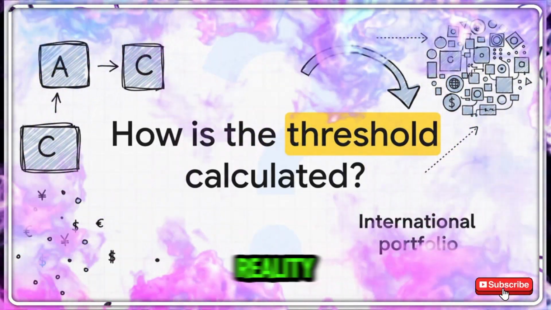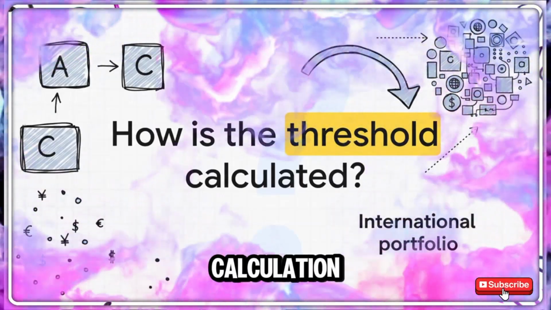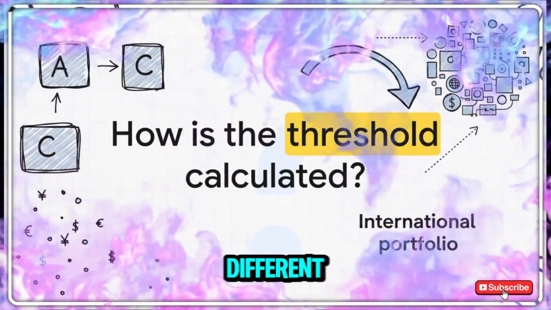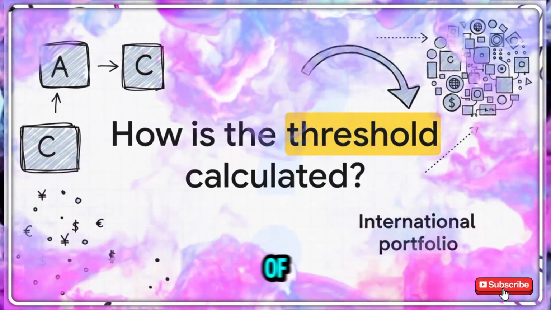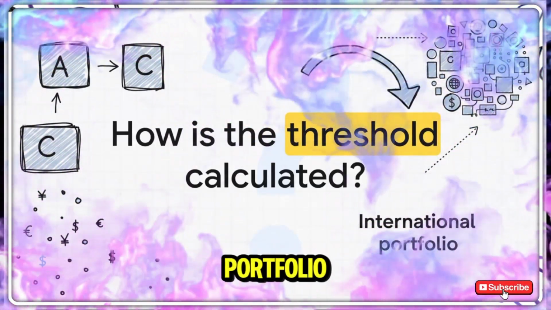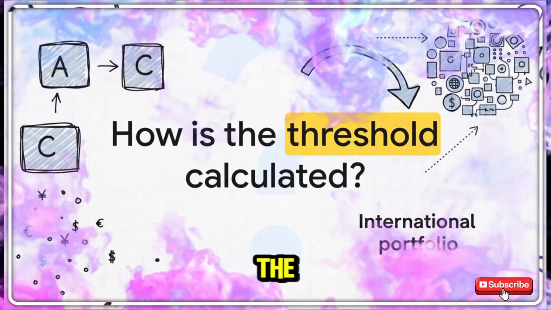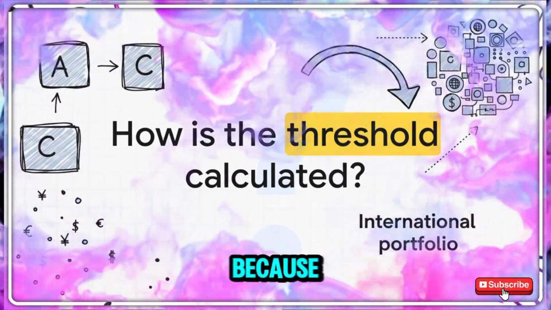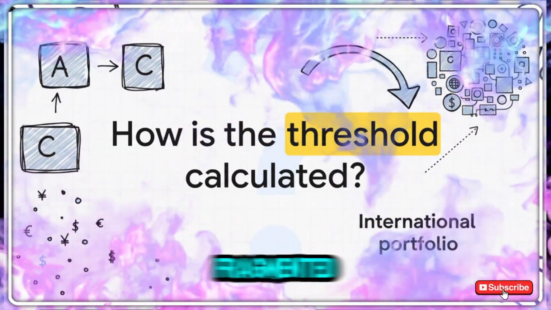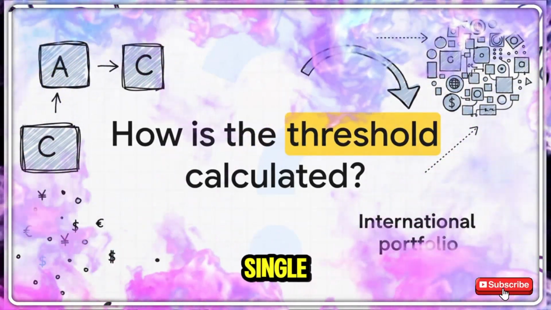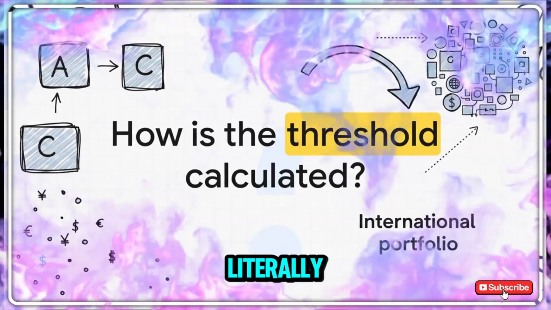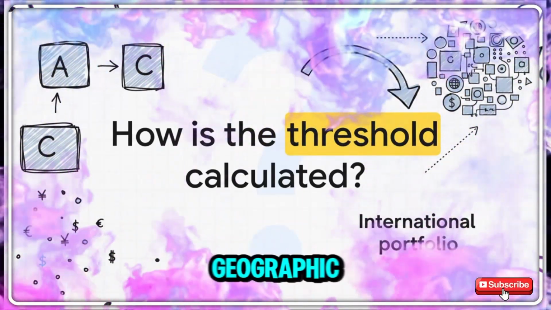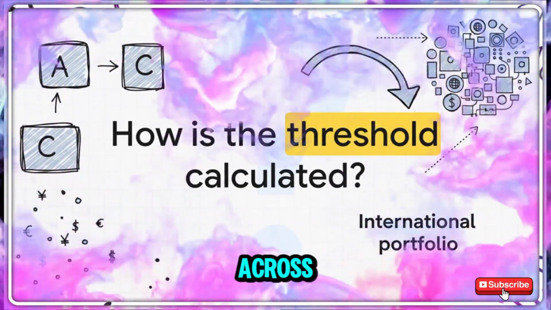But the strict reality of the statutory calculation requires a completely different approach. It demands a sweeping, aggregate view of your entire international portfolio. Why does the law demand the sweeping view? Because regulatory bodies view your fragmented accounts as a single, consolidated pool of potential liability. They completely ignore geographic or institutional boundaries across the globe.